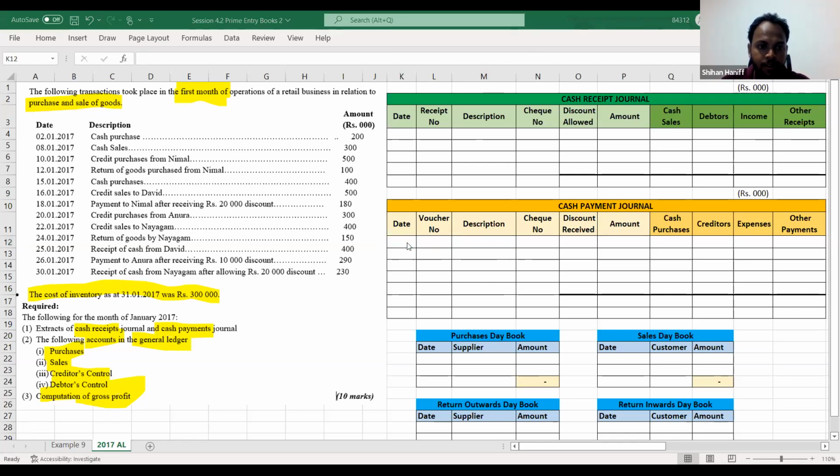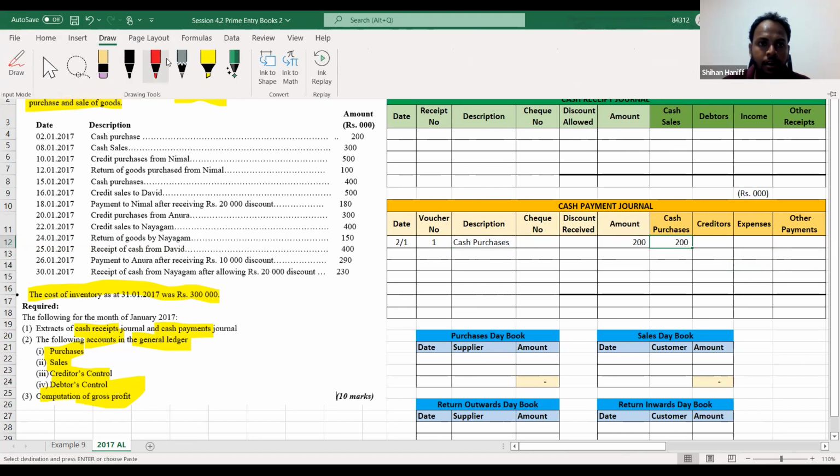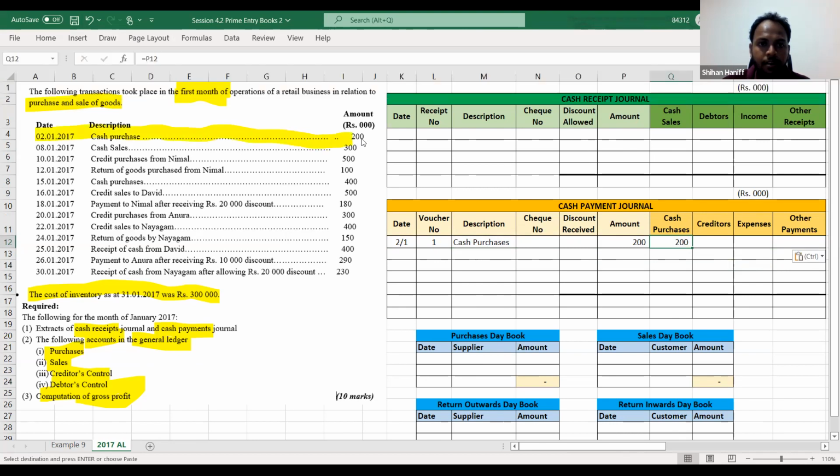You can record it as well. Cash purchases, voucher number 1, amount 200. You can categorize it under cash purchases.